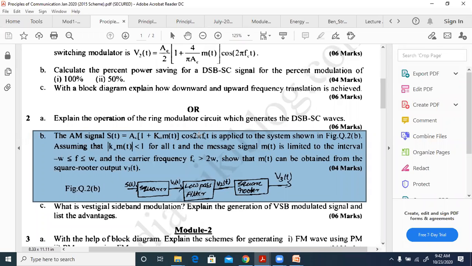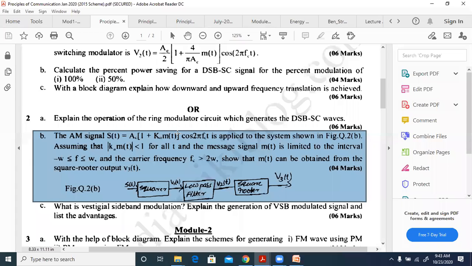The cos of 4 pi fc t divided by 2 will go off because of the low pass filter, and what is left is 1 by 2. So whatever we have here, this term squared divided by 2 is what will be v2(t). And if you take the square root of that, then you'll get again only this term divided by root 2. Cos will not come, only this term will come, divided by root 2.